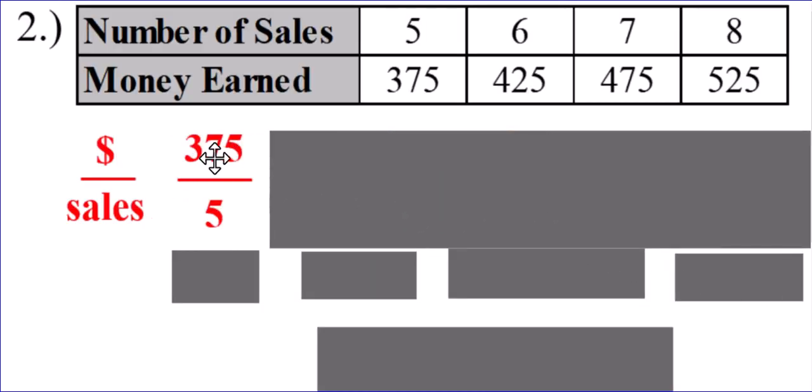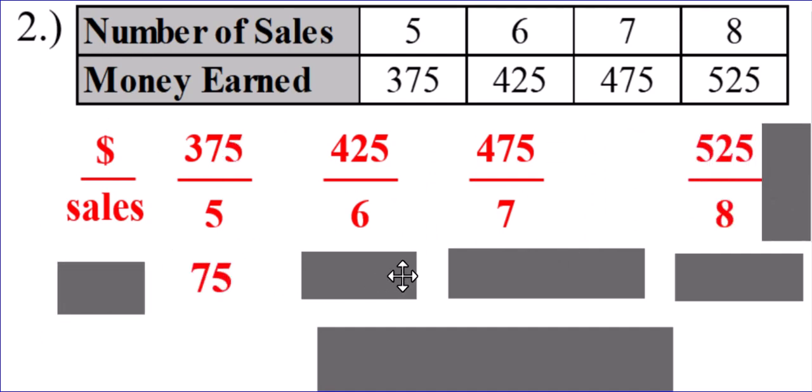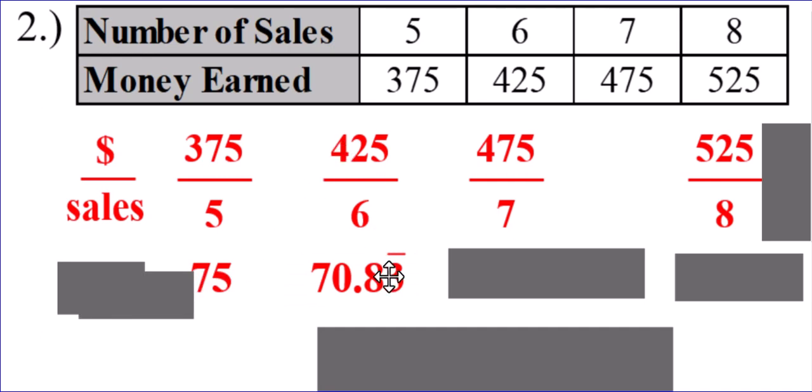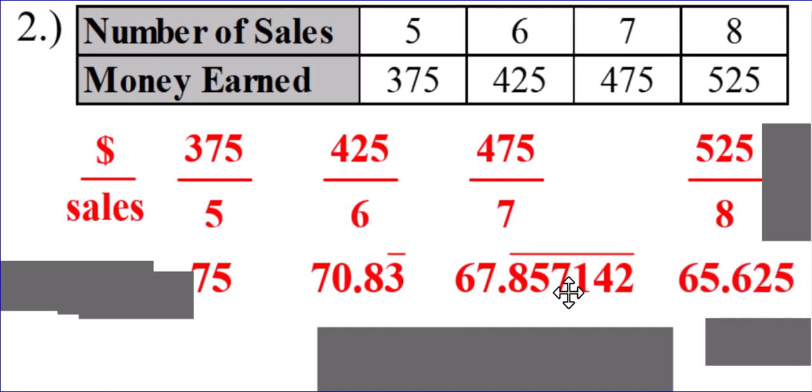All right, what about problem number 2? Set up our ratios with the money on top and the number of sales in the denominator. So that's going to give you these fractions that you see right here on my screen. If you divide the first one, you're going to get 75. You divide the second one, you're not going to get 75. It's 70.83 repeating. The third one gives you something different. The fourth one gives you something different. And by the way, you do not need to write out all of these places of the decimal.